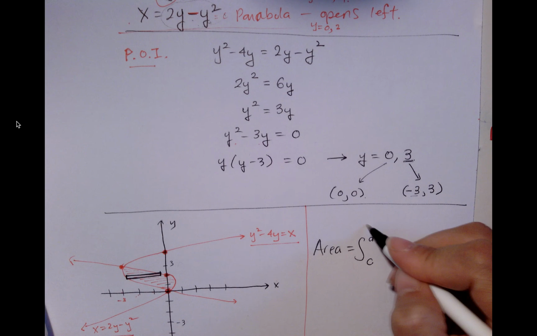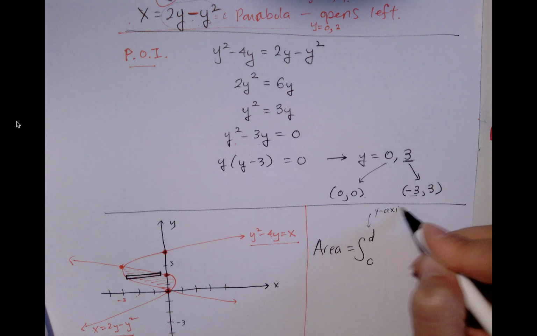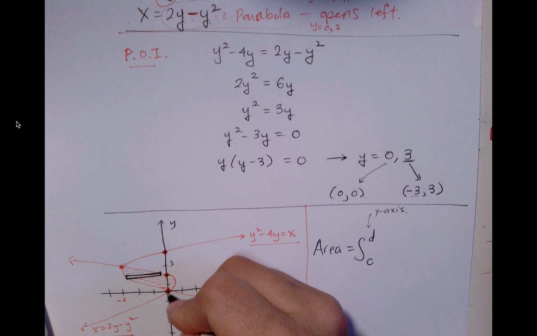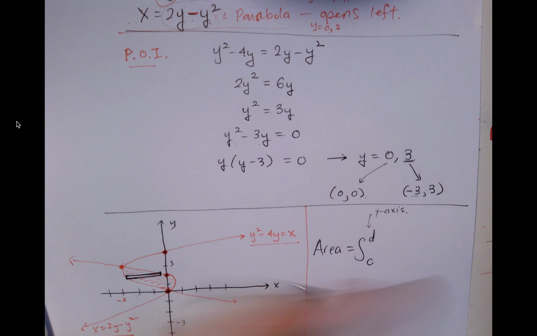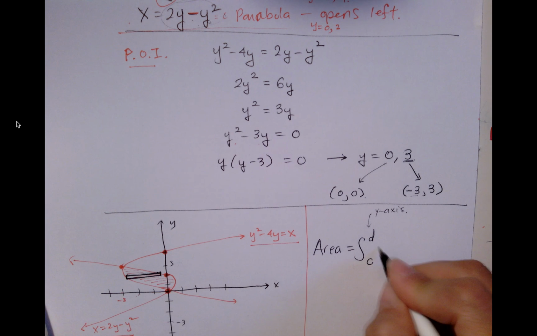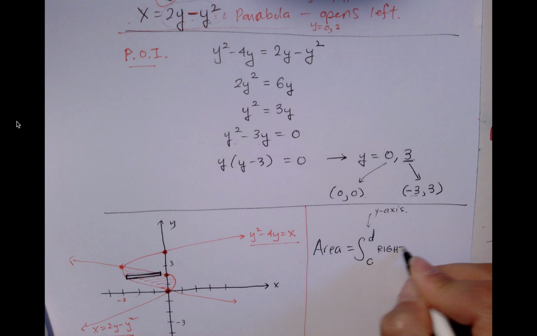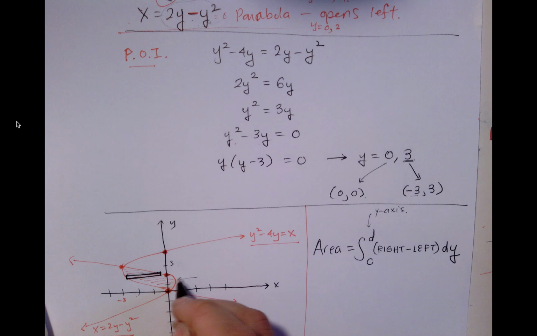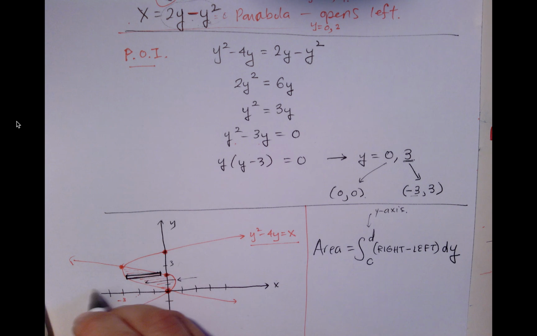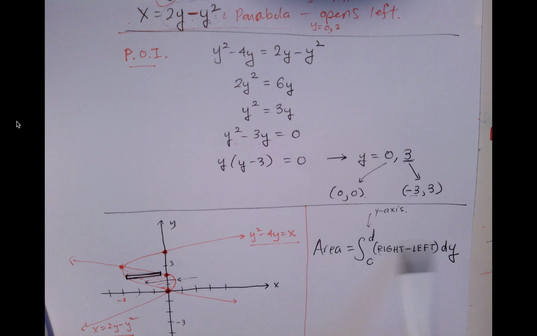So these should be on the y-axis, the bounds of integration, since we're going to be integrating with respect to y. And to get a positive height, I need to take the right minus the left and integrate with respect to y. So here I have the right function minus the left function. If I do it the other way, I'm going to get a negative number for the height of the rectangle.